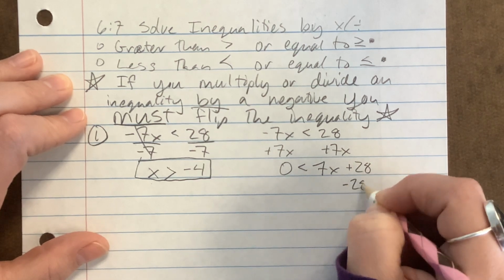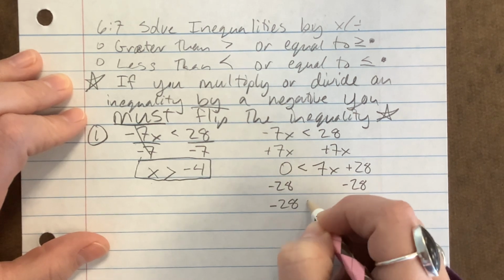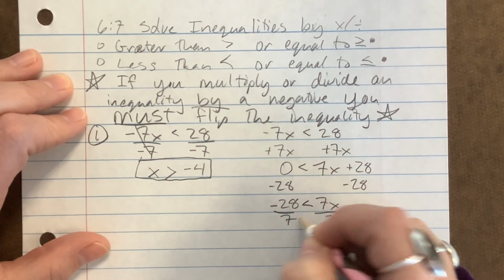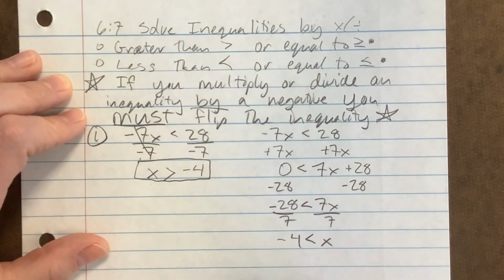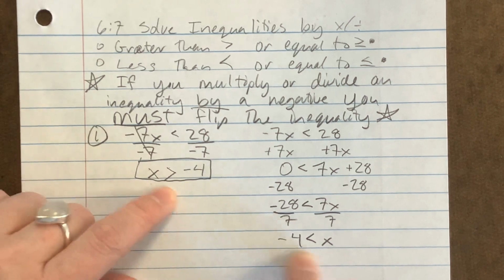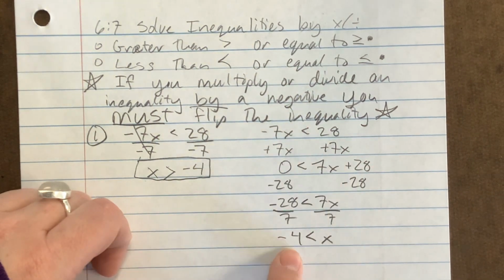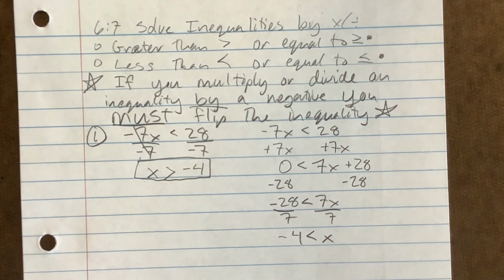Then we subtract the 28 from both sides: negative 28 is less than 7x. Then we divide by 7, and we get x is greater than negative 4, or negative 4 is less than x. Okay, that's a lot of work. I don't want to have to do that. So we just remember, when we multiply or divide by a negative, we flip the sign and we don't have to do all this extra work.